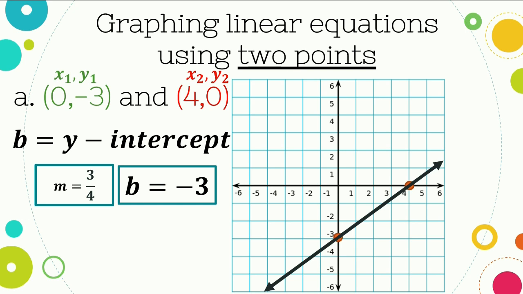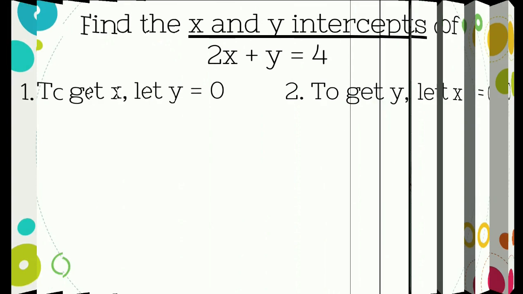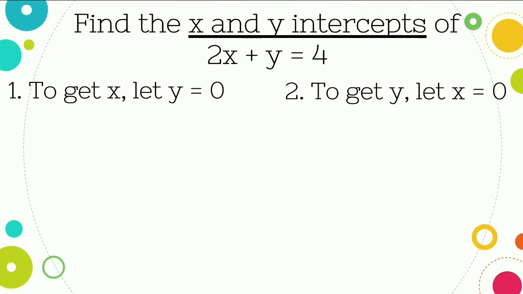Next, we can also graph a linear equation if we have the x and y intercepts. Example, 2x plus y equals 4. To get the value of x, let y equal 0. So let us use our given 2x plus y equals 4. So si y, gagawin natin siyang 0.